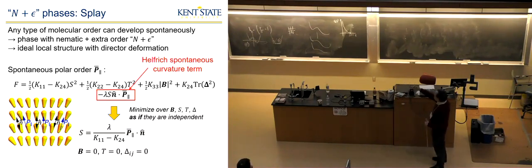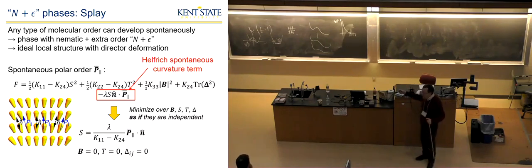Now I want to point out, this is a situation where I have the regular liquid crystal free energy with splay squared, twist squared, bend squared, and delta squared. Okay? And then there is something else, an extra term, which is linearly proportional to splay. This is what's analogous to the Helfrich spontaneous curvature term.